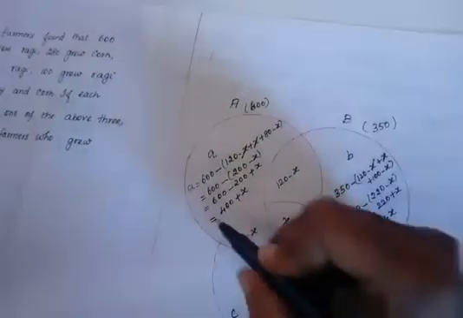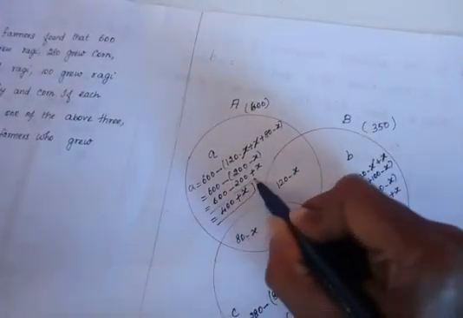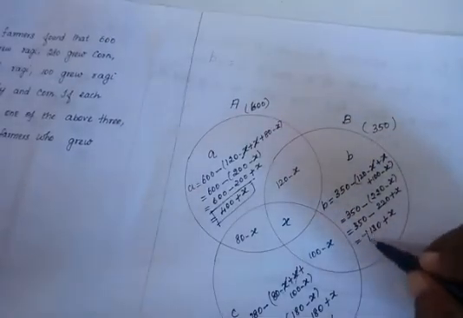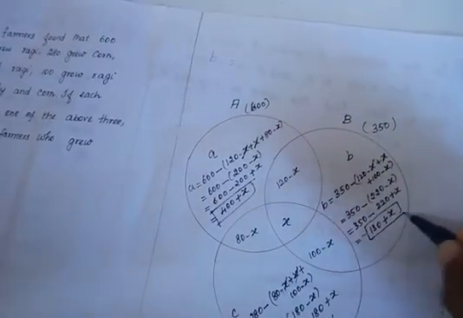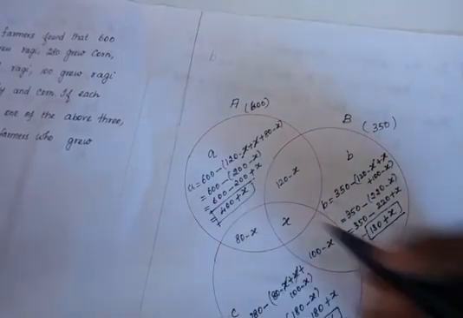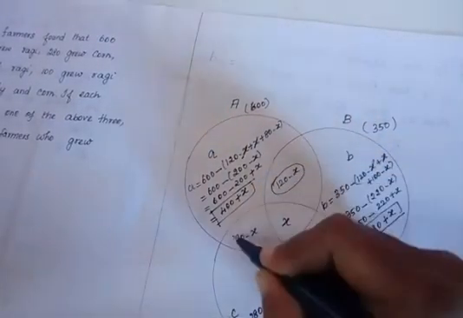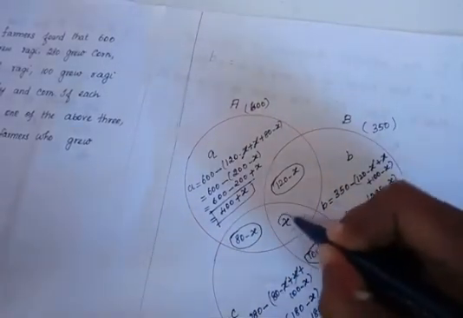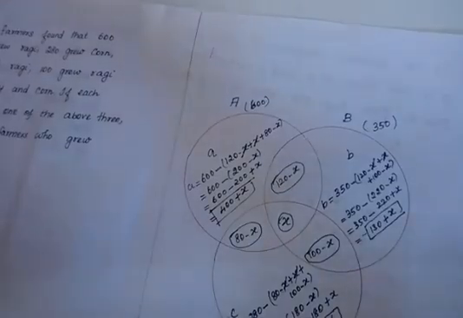So a value is 400 + x, b value is 130 + x and c value is 100 + x. And this is 120 − x, this is 80 − x, 100 − x, and this is x.